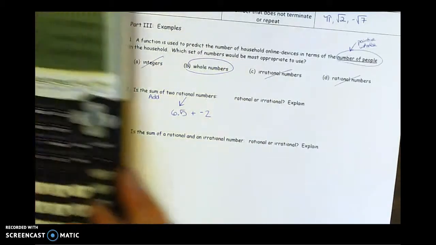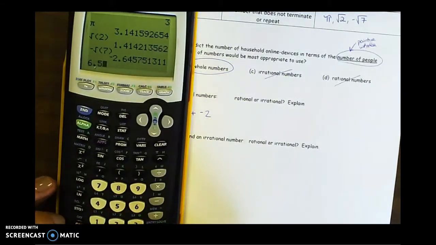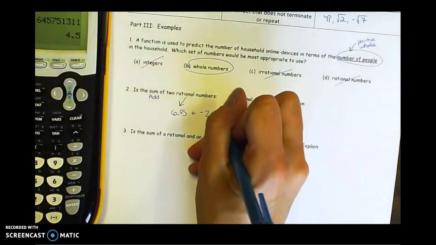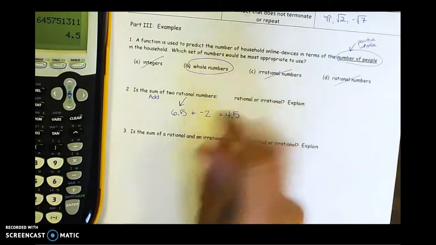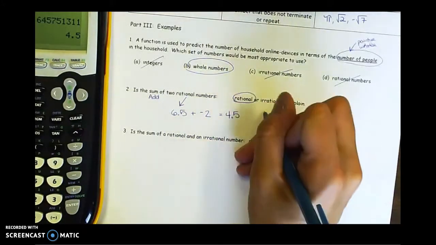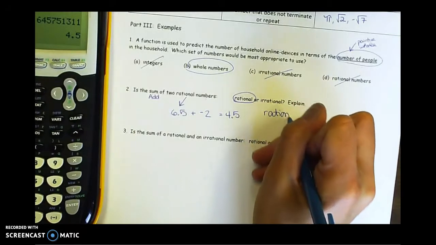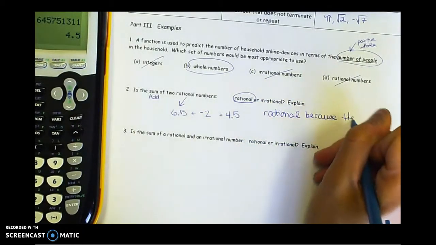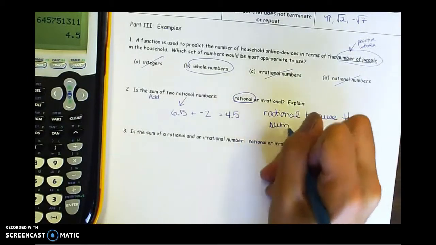If I add those in the calculator, I'm going to get 4.5. So let's think, I just added two rationals. Was my answer rational? Yes. So I'm going to write rational because the sum terminated.